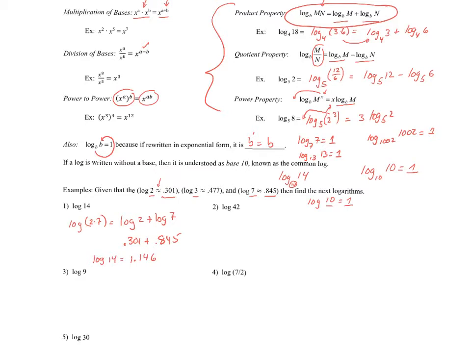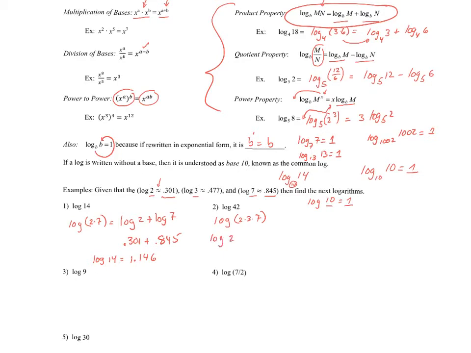All right, let's move on to number 2, the log of 42. So we need to break up 42 as the product or quotient or one of these given bases raised to a power. 42 is 6 times 7, or 2 times 3 times 7. So I'm going to break this up as the log of 2 times 3 times 7. So I'm just rewriting my argument initially. Now again, I'm going to use the log of a product property to expand this logarithm, and I'll use addition of logs.